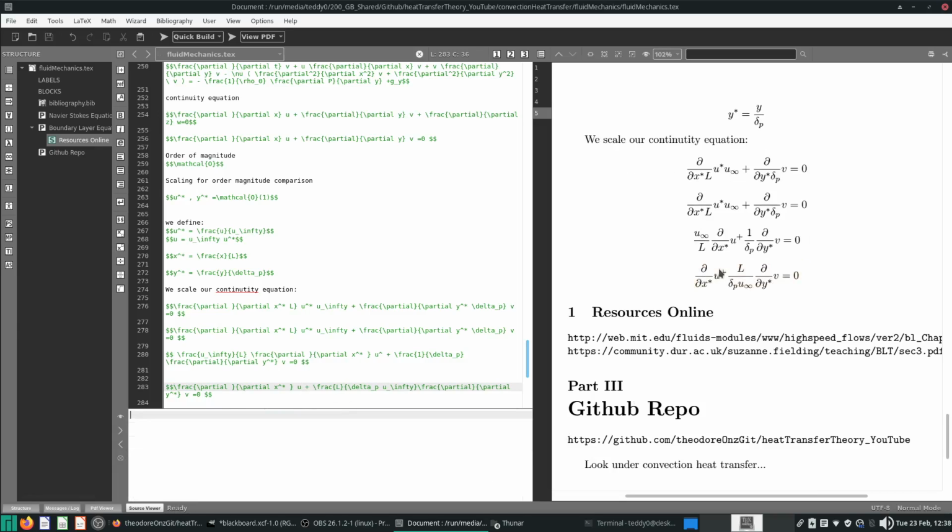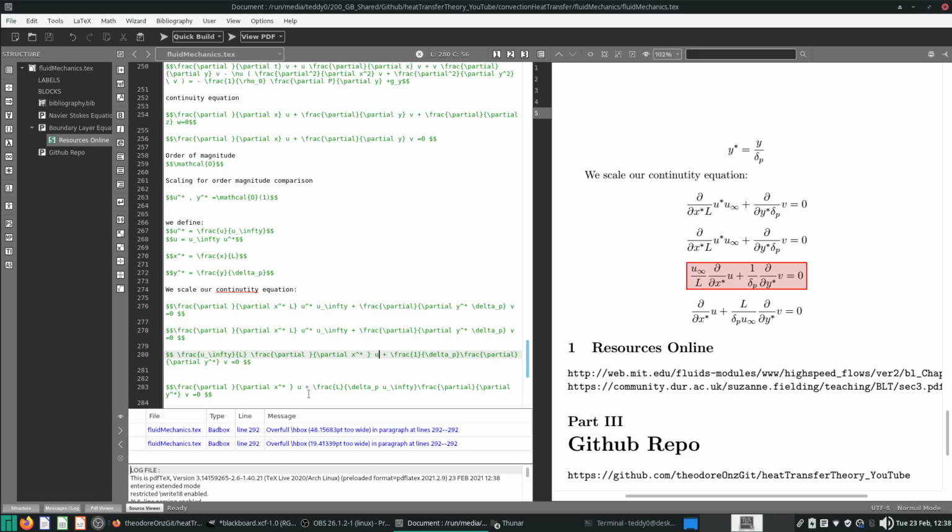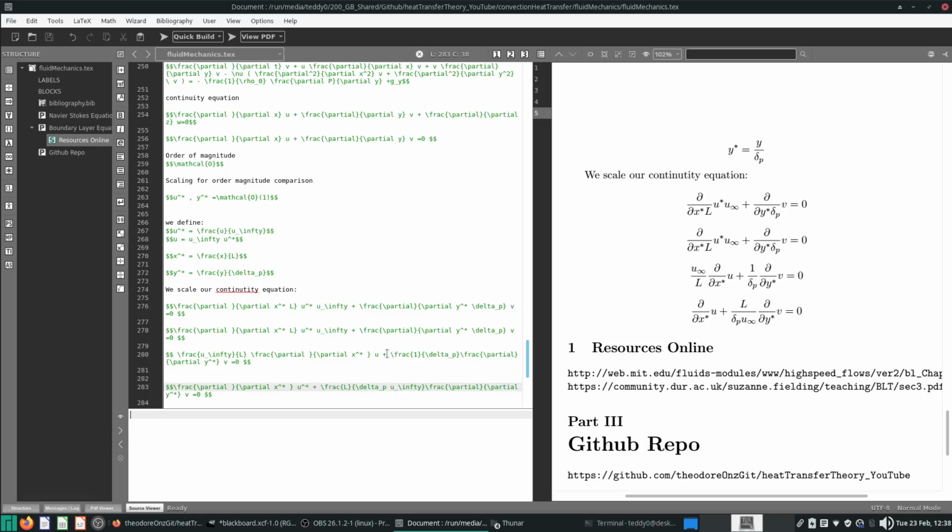I think this u, the plus should not be a superscript, it should actually be a plus. Now you can start to see, forgot, I think there's a u star there.